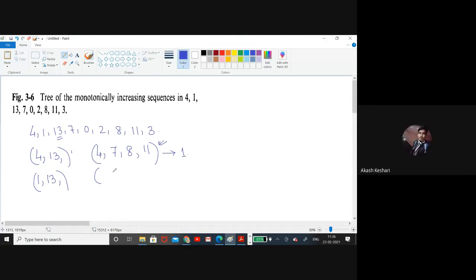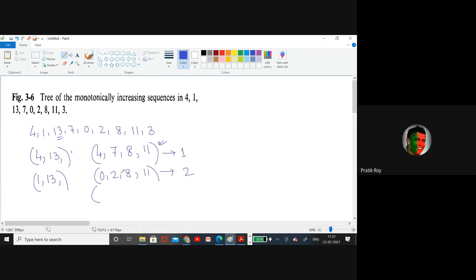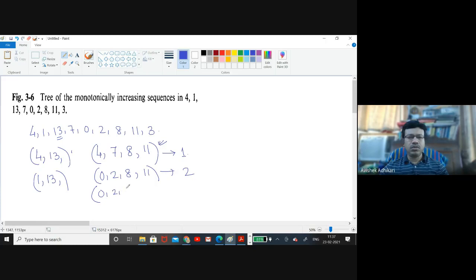Sir, 0 to 8, 11. Sorry, what? 0, 2, 8, and 11. Very good. So this is the second one. Then anything else? 0 to 3, 8, 11. You cannot take 3, because in the subsequence it will come here, right?